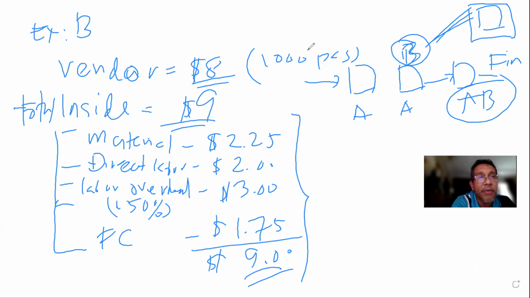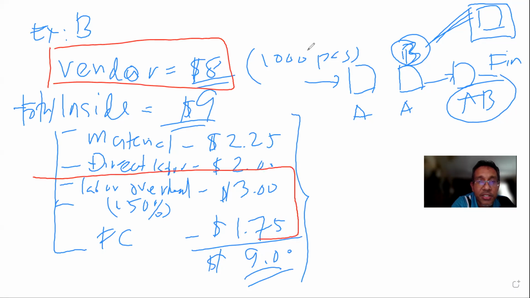If you buy from the vendor at $8, this cost, whatever happens, you need to pay as well. This labor overhead you still need to pay, and then the fixed cost, you still need to pay because you already made the investment in the machine earlier. So whatever happens, you need to pay.